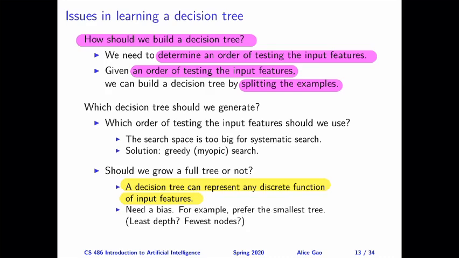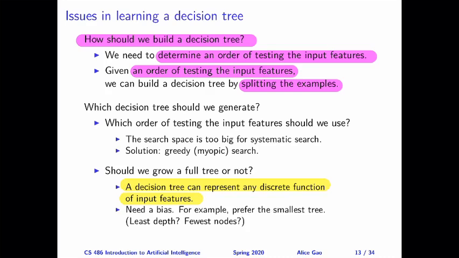If you want, take some time to think about this. You can use a counting argument to calculate, given that there are n input features, how many possible decision trees you can generate. Now, given this, we need to make a decision. Which decision tree should we end up generating and why?